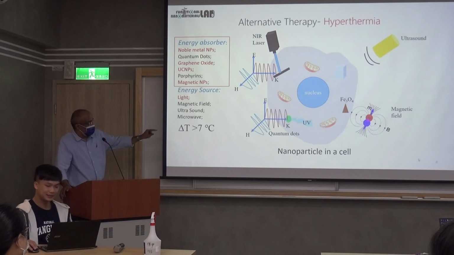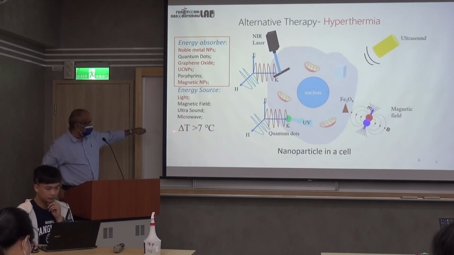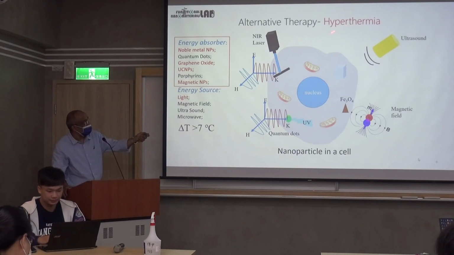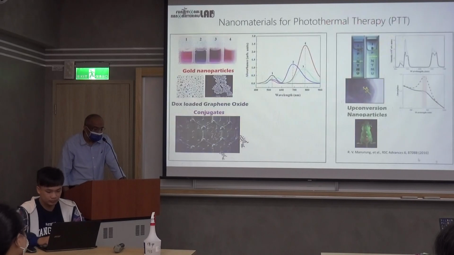And this energy will be absorbed by the nanomaterials inside the cell, and the temperature of the cell goes up. If I can make the temperature go more than 7 degrees, let's say, there is a possibility I can kill that cancer. So this is called hyperthermia. Hyper means high and thermia means temperature. So I am killing the cells by using a high temperature.